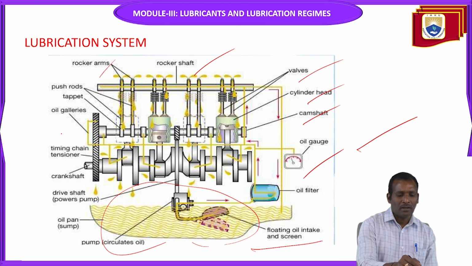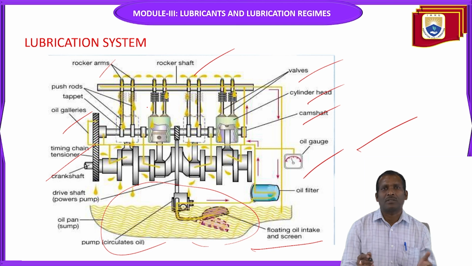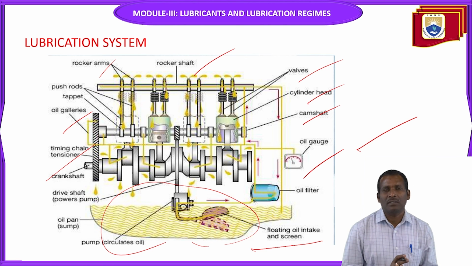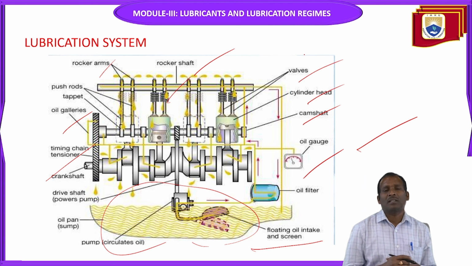And then the oil gear, the timing chain, the timing gear, crankshaft, various parts. Many parts are there in an engine, and all these parts require lubrication. So the oil is supplied from this sump to various parts. Then only it gives good results, good efficiency, good output.